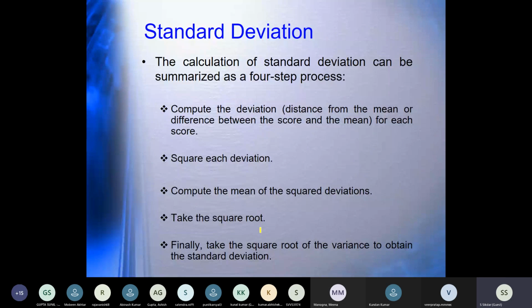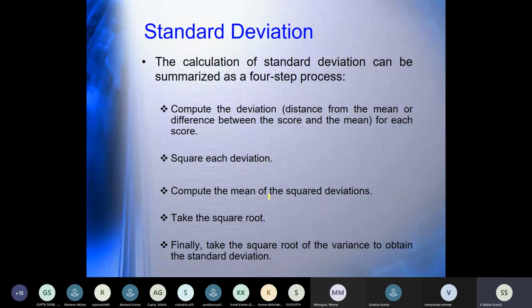The best thing is that if there is a small amount of data, then you can have a table. Or the way I prefer to do it is that I put all the data in an Excel sheet. Then I make the deviation, the difference between the mean and that actual score. Then I put them in another column, then another column in which I square each deviation.